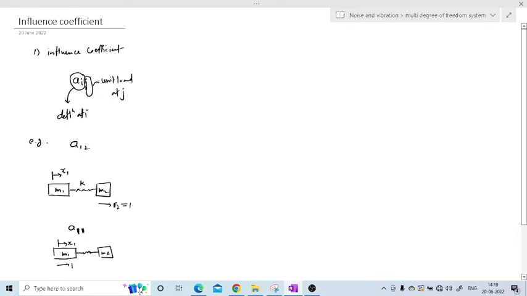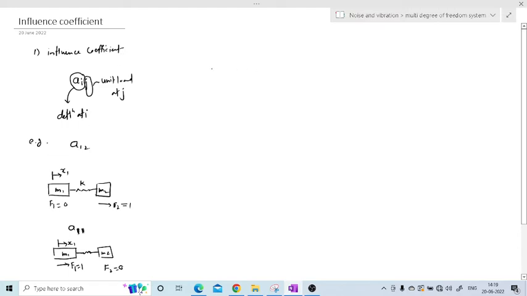So here I apply the unit load F1 equal to 1. Now when we consider the unit load at 1, the load at 2 is 0. For the first condition we applied unit load at 2, so the force at 1 becomes 0.